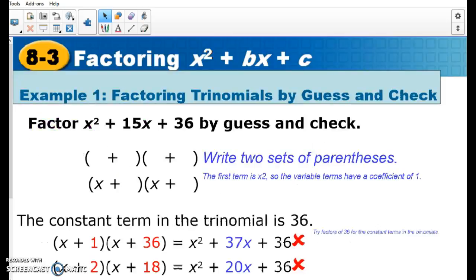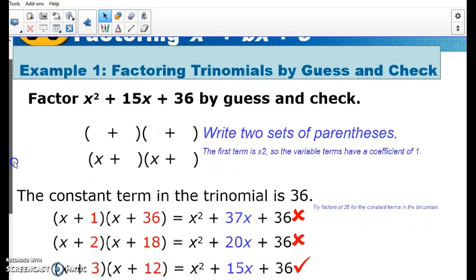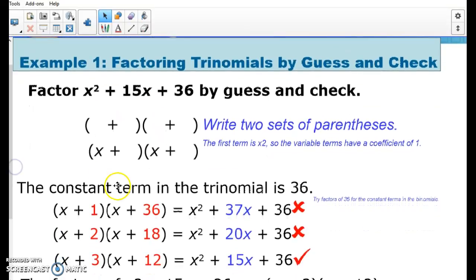So remember, you're still going to be FOILing, so we're always going to have these two sets of parentheses there. So if I have x squared plus 15x plus 36, you have to think which two numbers multiply to 36, but when you add them, give you 15. Okay, so here's the book sets out some examples.